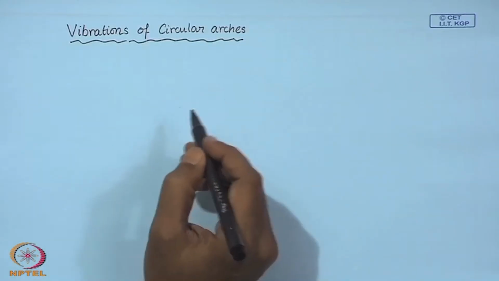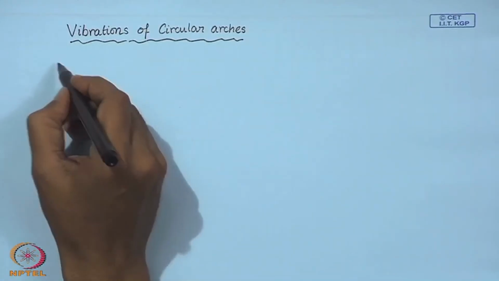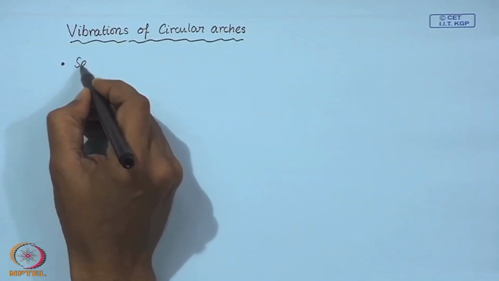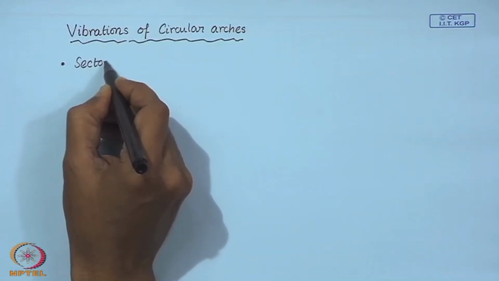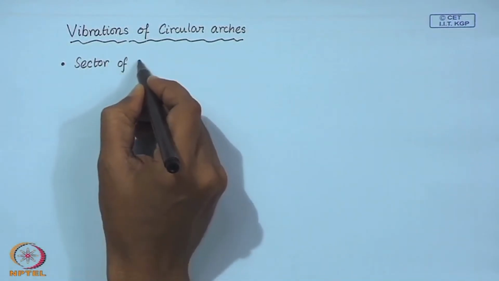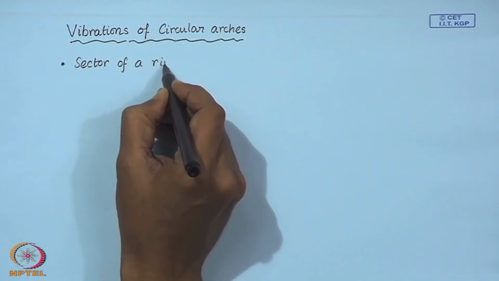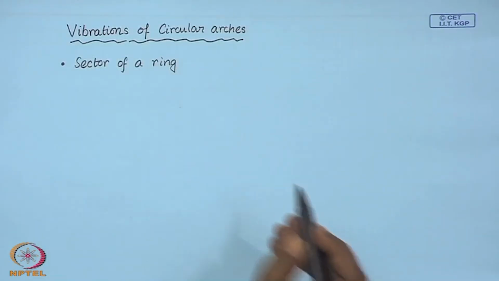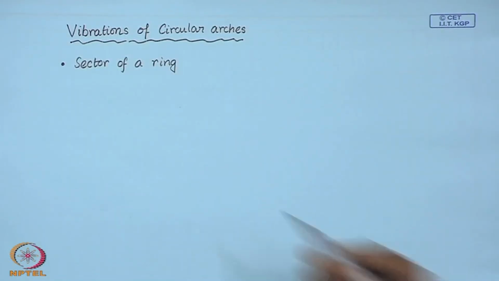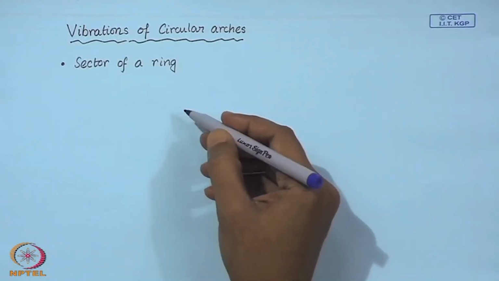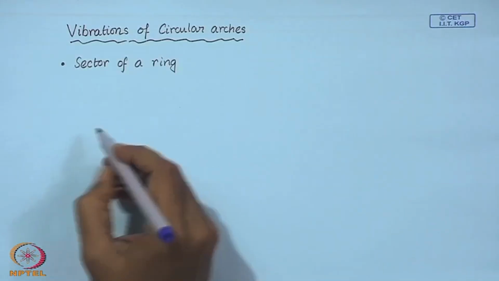A circular arch is nothing but a sector of a ring. We will consider two examples of arches.